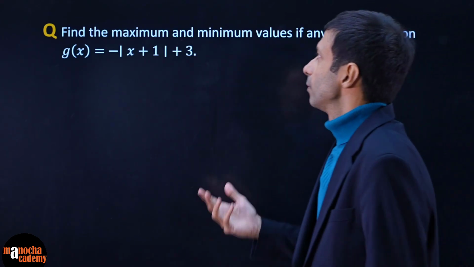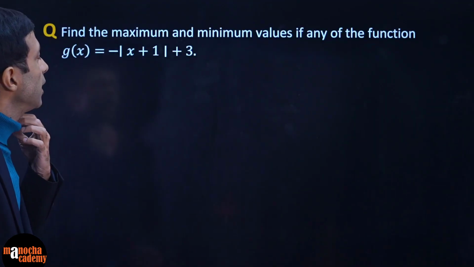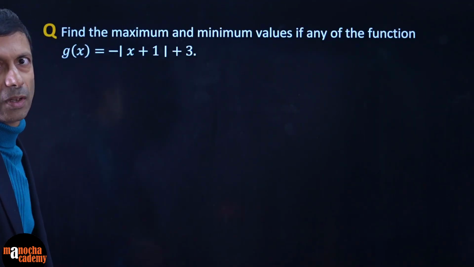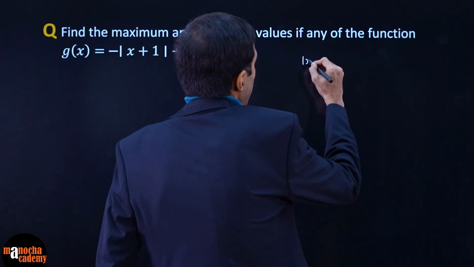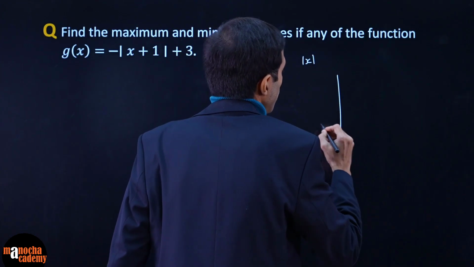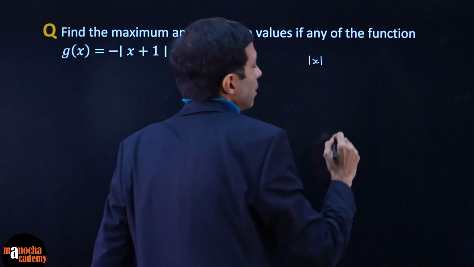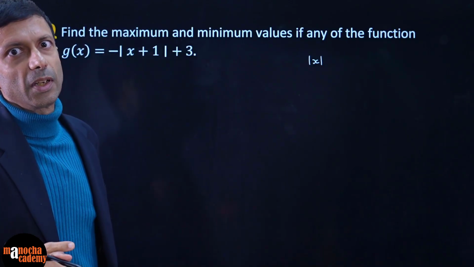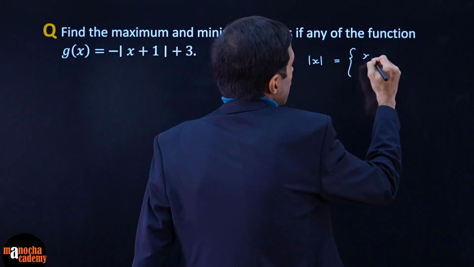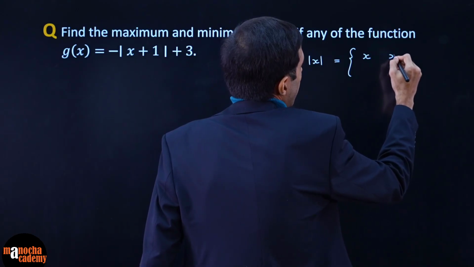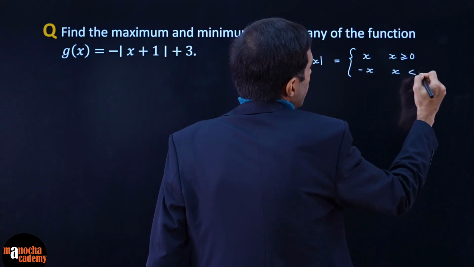Like for example, this one. Minus mod x plus 1 plus 3. Now mod functions, remember, even if you take the simple mod function of x, the modulus function means what? For x positive, give me positive. For negative, give me minus x. You guys remember mod x is equal to x for x greater than or equal to 0 and minus x if x is less than 0.